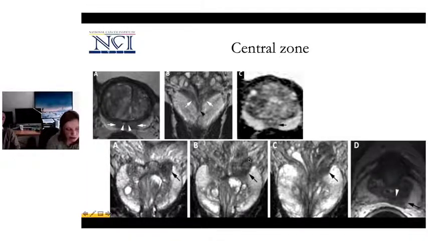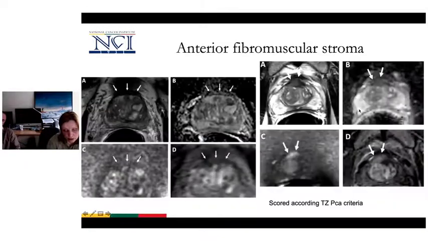Dark somewhere in the transition zone, when it's with hyperplasia, it's difficult to say, and we should be very, very careful examining such lesions. The anterior stroma is also very dark normally, and sometimes it's really difficult to say if it's a cancer or just fibrosis.